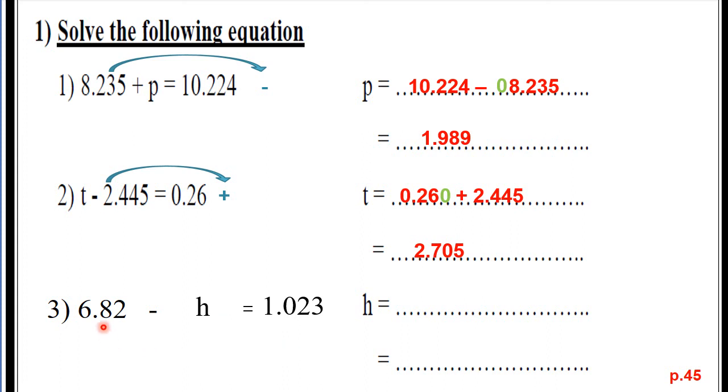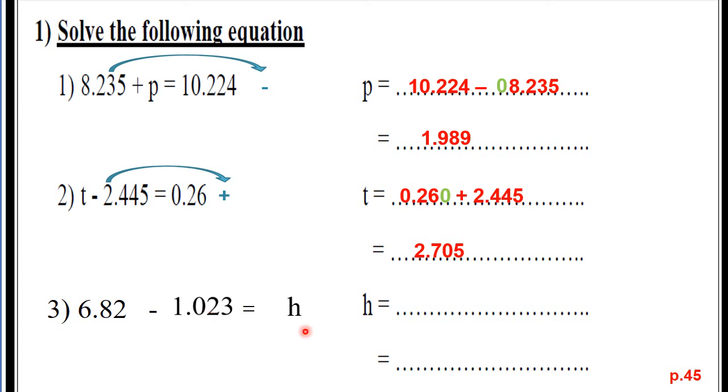Okay, and now let's check number 3. We have 6.82 hundredths minus h equals 1.023. Here we have a special case. If I have the operation minus and then the variable h, how to solve this question? Here we are going to switch like this.